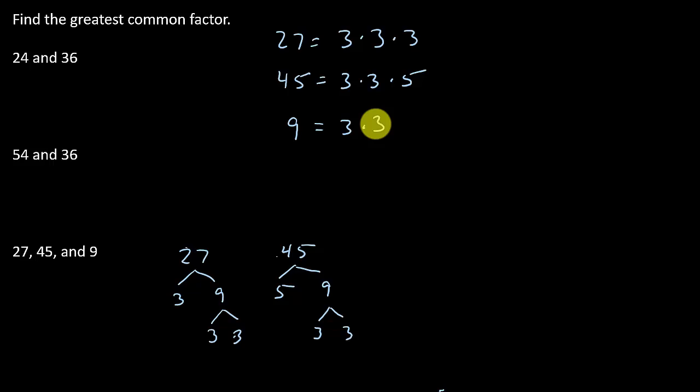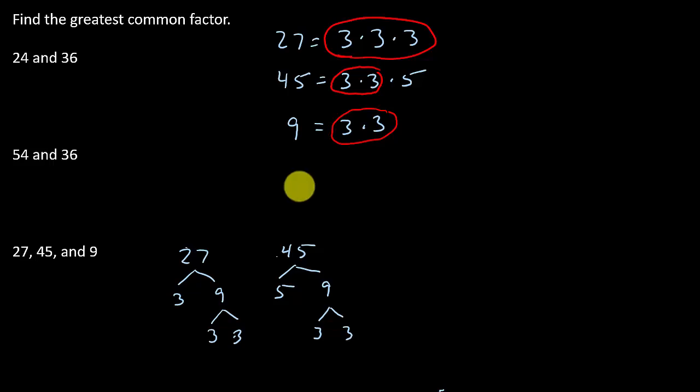So let's find the greatest common factor. Let's look at the 3's first. Here we've got two 3's, here we've got two 3's, and here we've got three 3's.